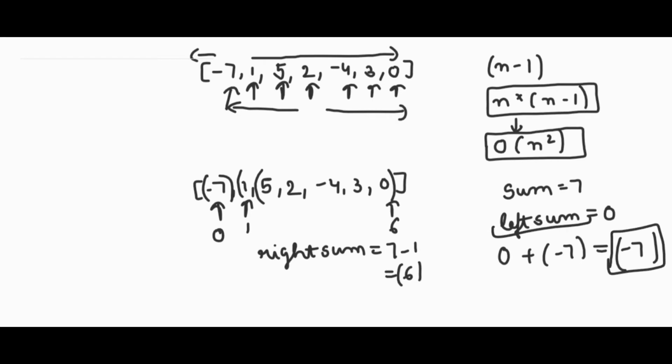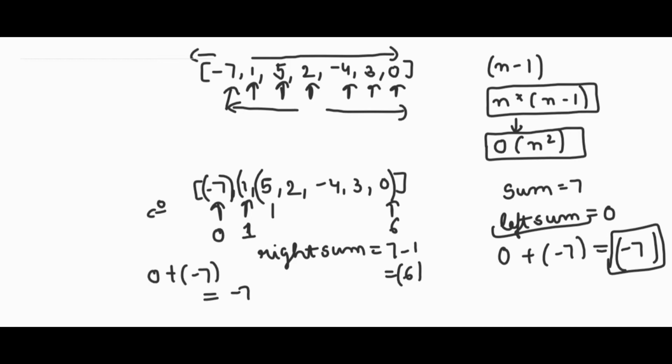For index 0, our left sum was 0, right? So for index 1, our left sum will be minus 7, as we can see clearly. When we are at index 1, we add the previous element to the already calculated left sum, which makes it minus 7.